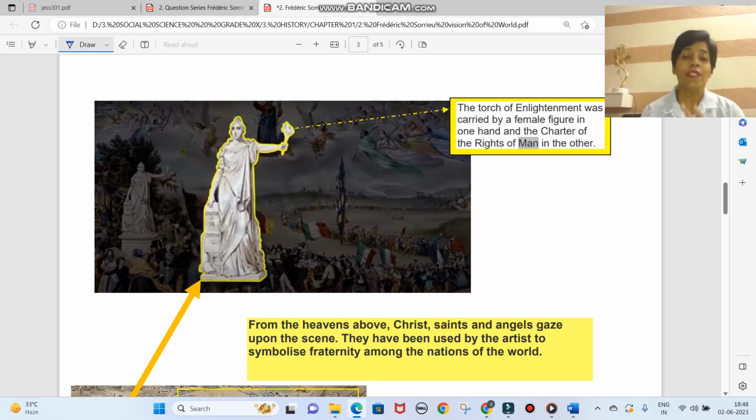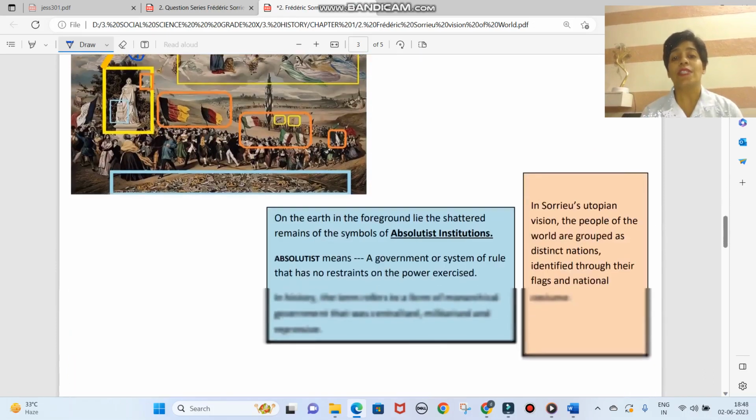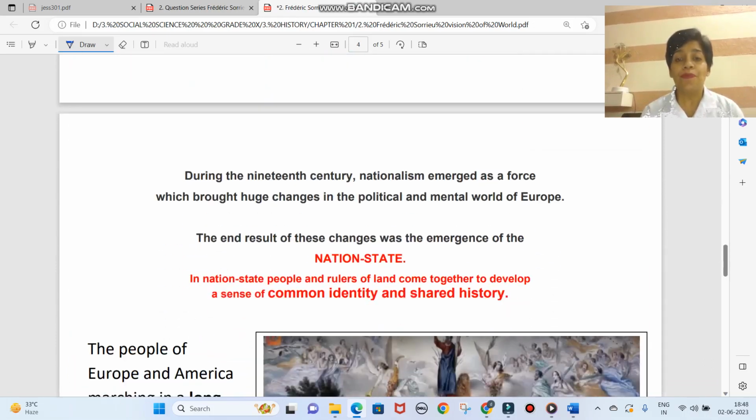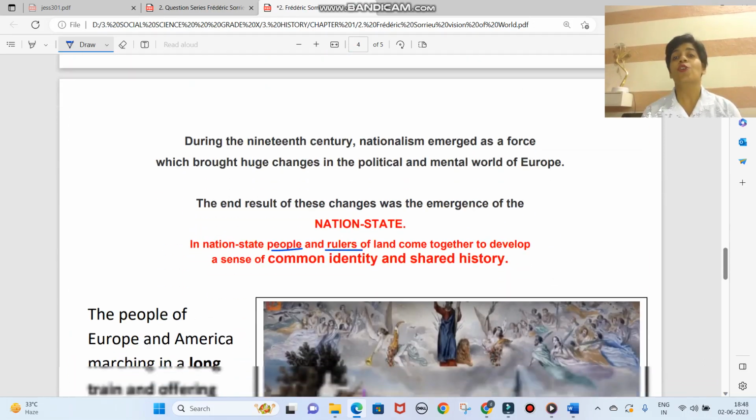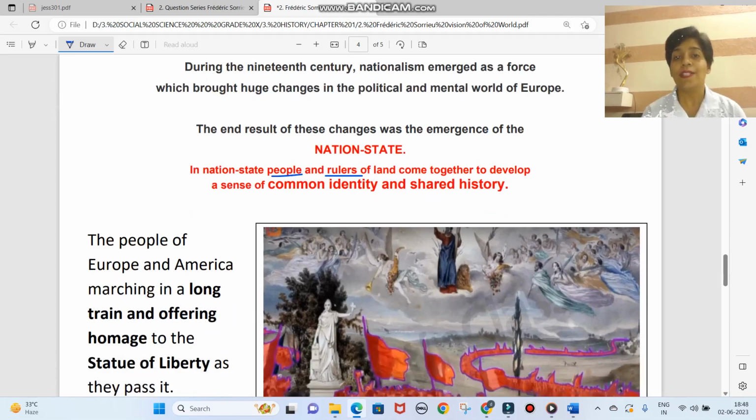What's the meaning of nation state? Nation state stands for a state which is no longer ruled by the monarchs, and the people have come together, they have made their own constitution, and those people share a common identity and history.